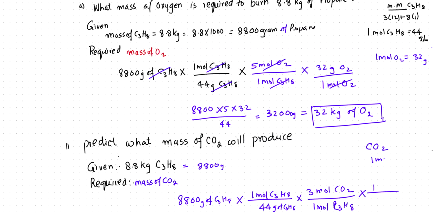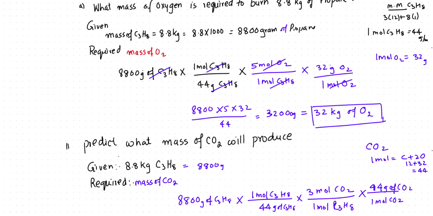So it comes to 12 plus 32. It comes to 44 grams. So 1 mole of CO2 is 44 grams of CO2. So this is moles. Already we have CO2 in moles. We want to convert into grams.